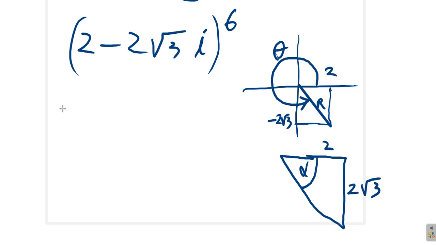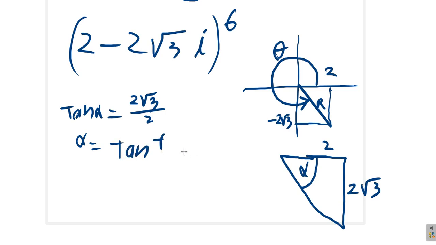Now, tan of alpha would be opposite 2√3 over adjacent 2. So alpha would be tan inverse of 2√3 over 2, right?